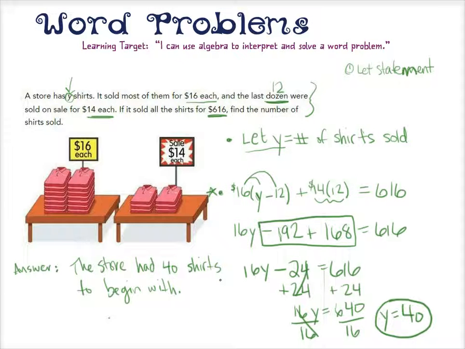Now, a check is a little tricky with a word problem because you came up with the equation. So if you check the equation you came up with, you're only going to check the work that came after that. It does not check to see if you actually came up with the right equation. So I kind of like to use common sense. I want to see if I'm right with this 40.